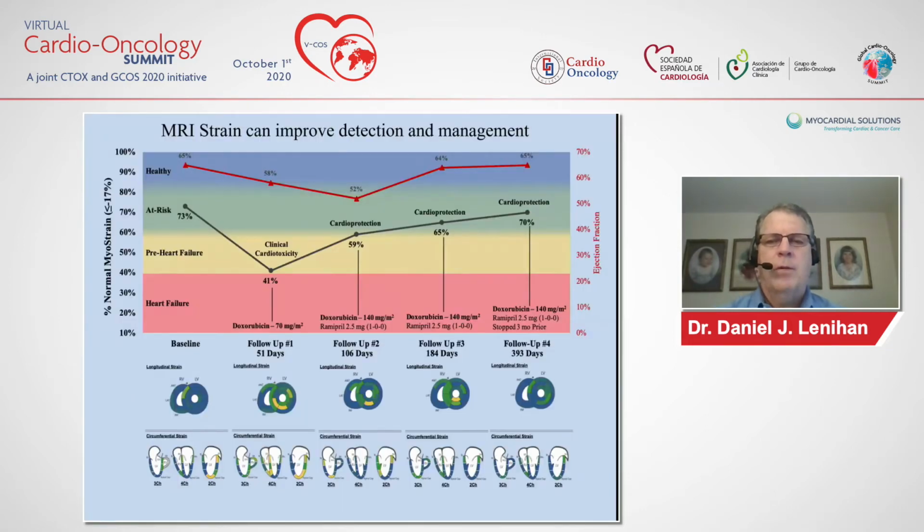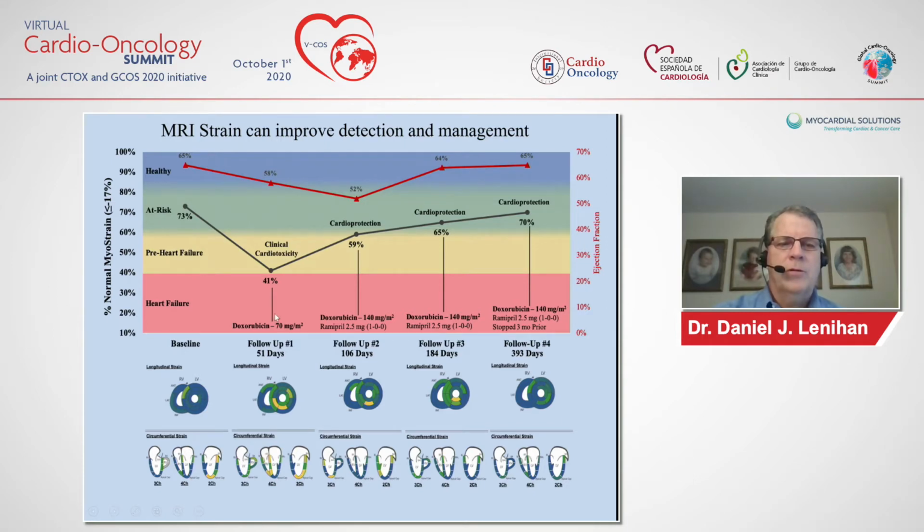Here's an example from a cardiac MRI-based study utilizing strain. Included in this is the Myostrain tool to measure regional strain abnormalities. So as you can see in this example, this patient at baseline had a normal left ventricular ejection fraction and had only very few abnormalities in regional strain.